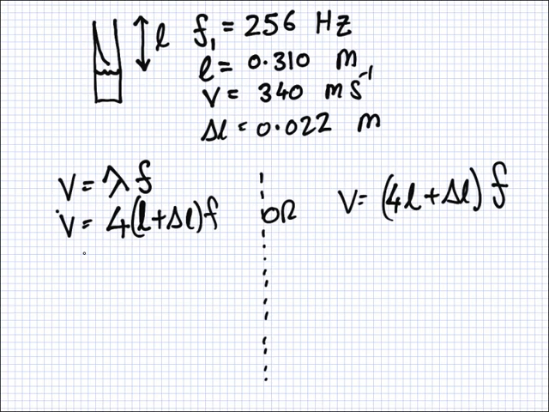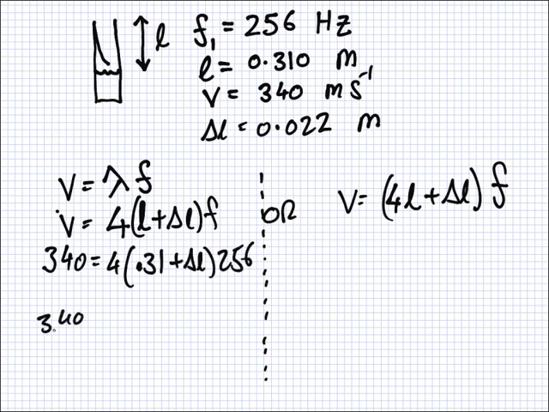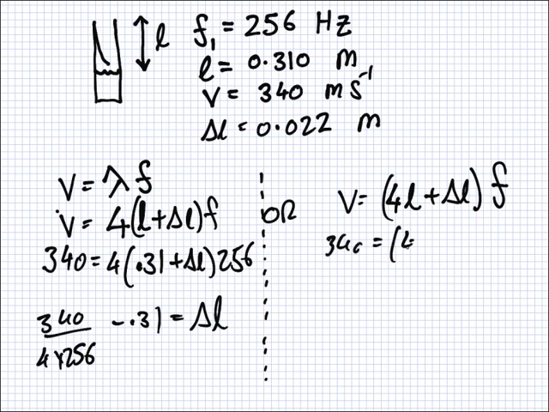Okay, so 340 equals 4 times 0.31 plus delta L times 256. So 340 over 4 times 256 minus 0.31 equals delta L. And here we have 340 equals 4 times 0.31 plus delta L times 256.